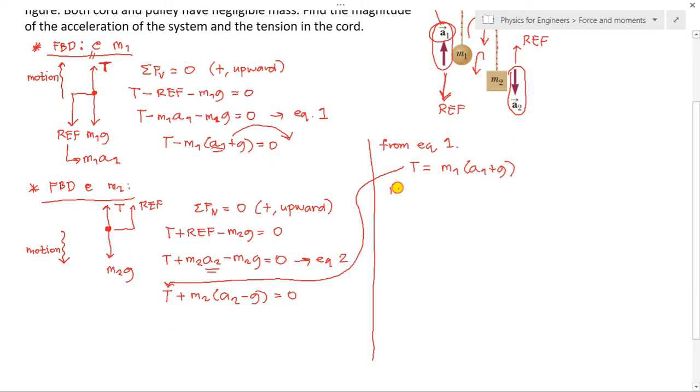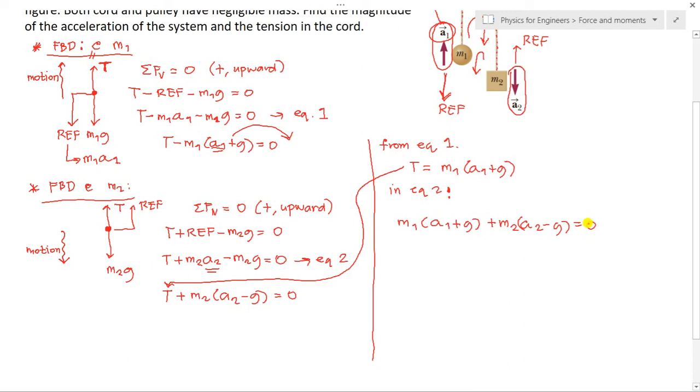So in equation 2, after substituting, we now have mass 1 times acceleration 1 plus g, plus mass 2 times acceleration 2 minus g is equal to 0.